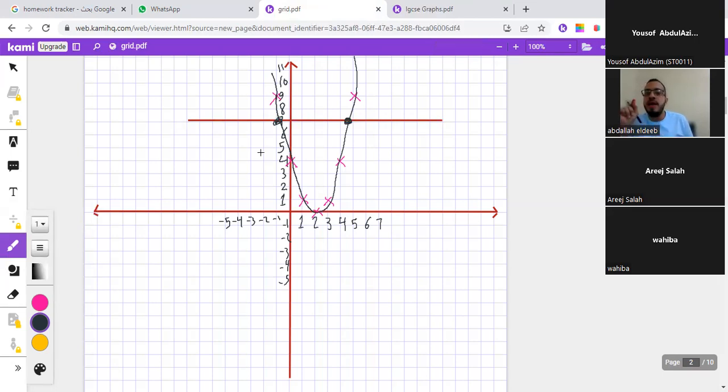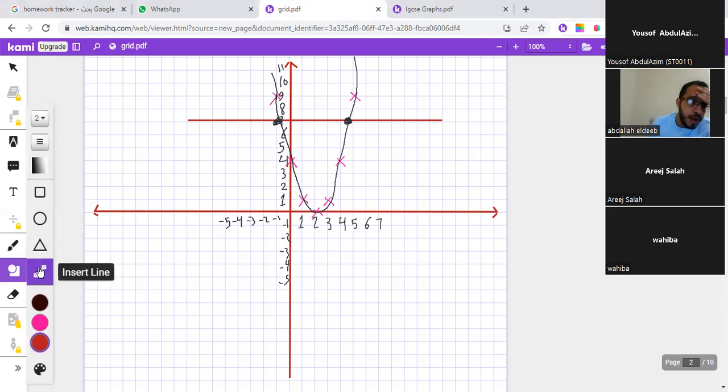I have 2 points here. The first one is here, and the second one is here, and also here.